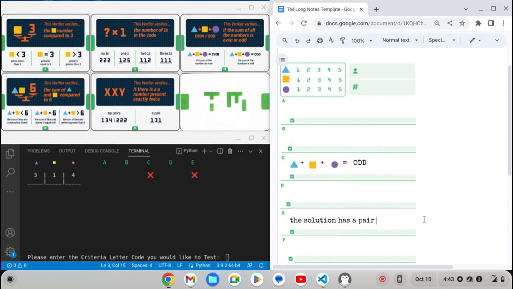Since it does have a pair, it could be a pair of evens or a pair of odds, and obviously we do have at least one odd. So far we're thinking of it being potentially a pair of evens or a pair of odds, and then that third digit would have to be odd.